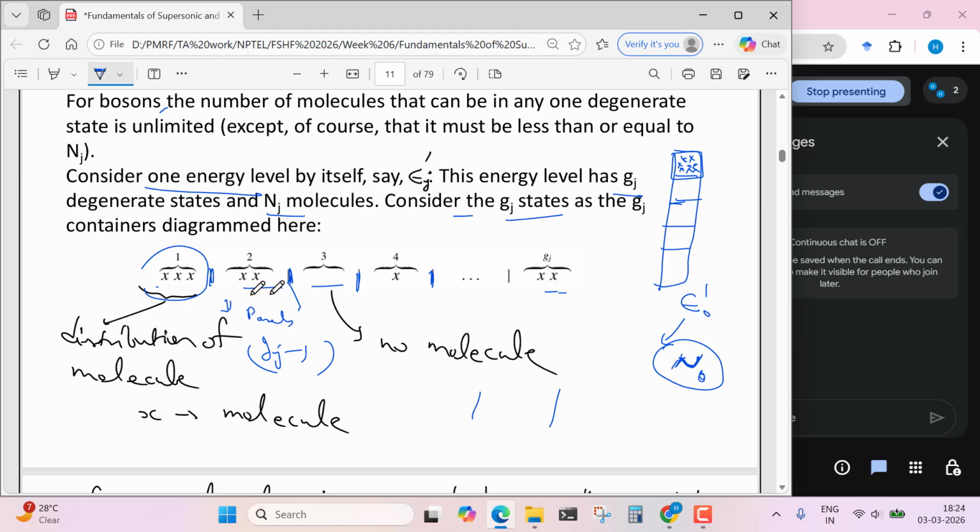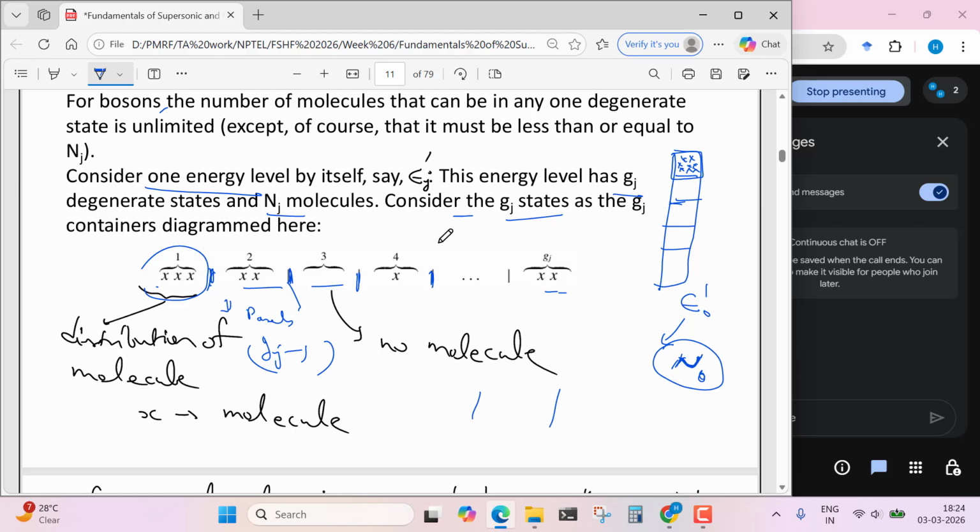These panels divide the molecules. In the first container there are 3 molecules, in the second 2 molecules, like this. If we move this panel, we get a different distribution or a different microstate. Here X is the molecule, and in one degenerate state we get different numbers of molecules.